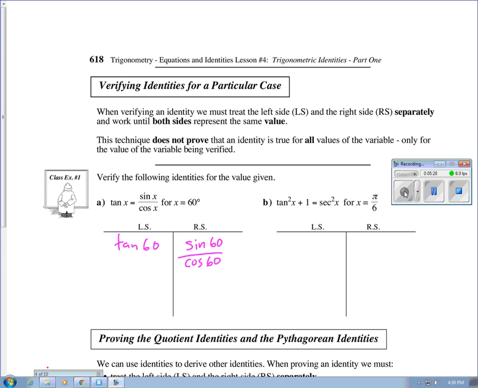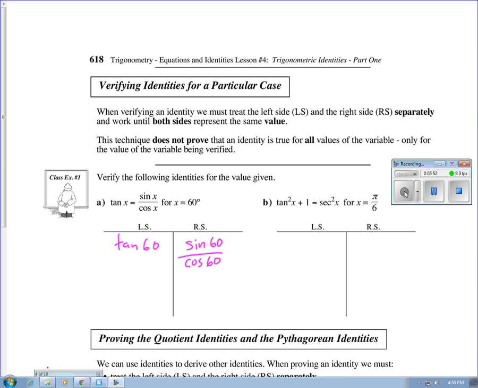All right, so we're actually asked to verify that this statement is true. We can't assume that it's true, and what we want to do is evaluate independently the left and the right-hand side, and you must leave what's on the left-hand side on the left, and what's on the right-hand side on the right-hand side.